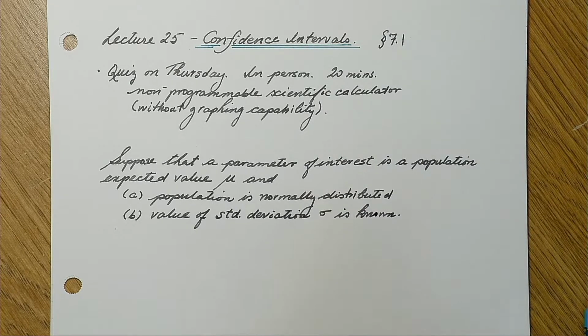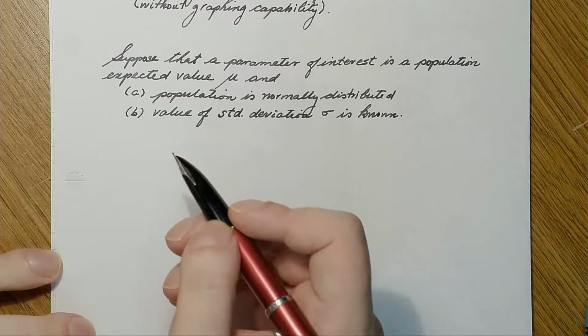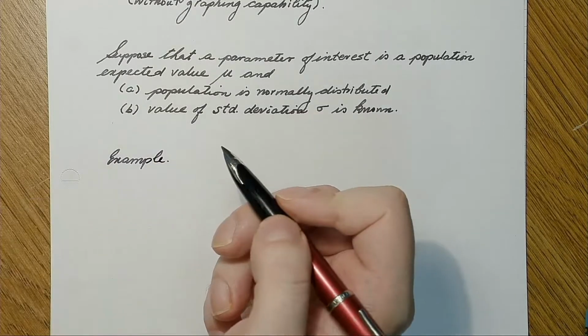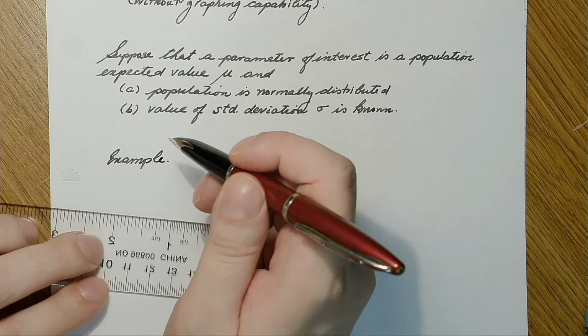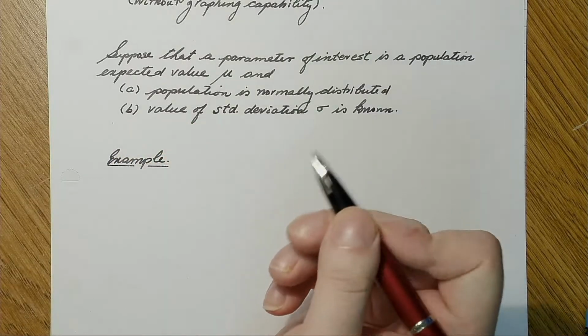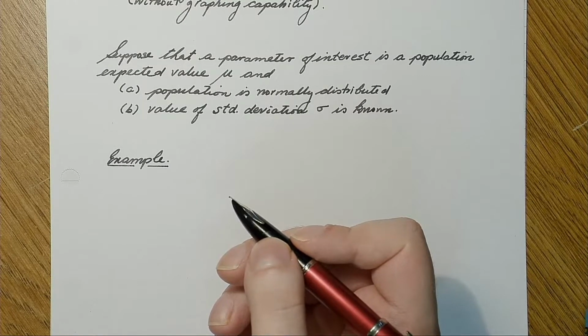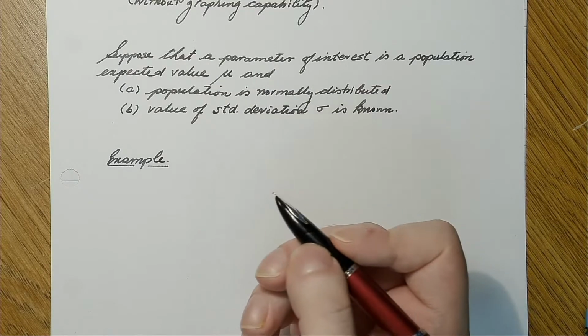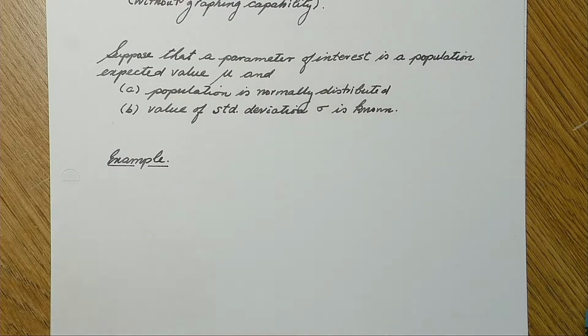Okay, so we know that. It's a very common and very realistic assumption that a population distribution is normally distributed. Here's an example. Let's say that we have industrial engineers working in the field of ergonomics, concerned about designing a workspace that doesn't cause RSI, repetitive stress injuries, to workers.